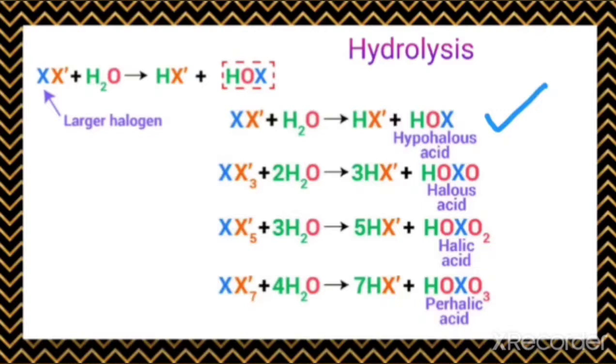In the second equation, you have to add one more oxygen here, and here also, and here also, depending upon the interhalogen compound. So the hydrolysis of interhalogen compounds gives rise to a halide and an oxo acid, and the oxo acid depends upon the interhalogen compound which is undergoing hydrolysis. So these are the properties which we have discussed for the interhalogen compounds.